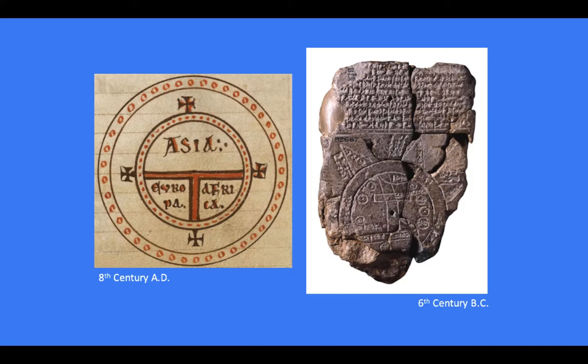Now on the right, we have a map from Babylon, so a much older map, but you can see kind of the same concept. I think what's interesting is the circle that we're dealing with, which kind of makes sense when you think about how we view the world.